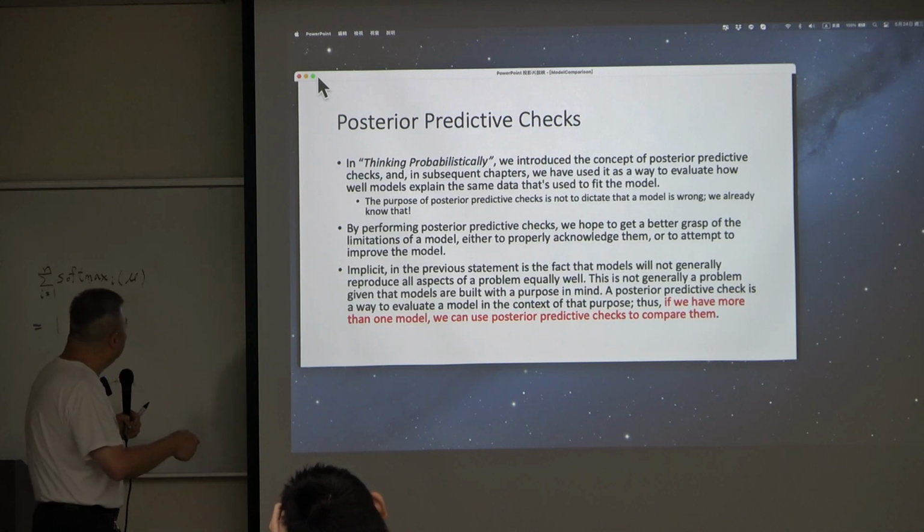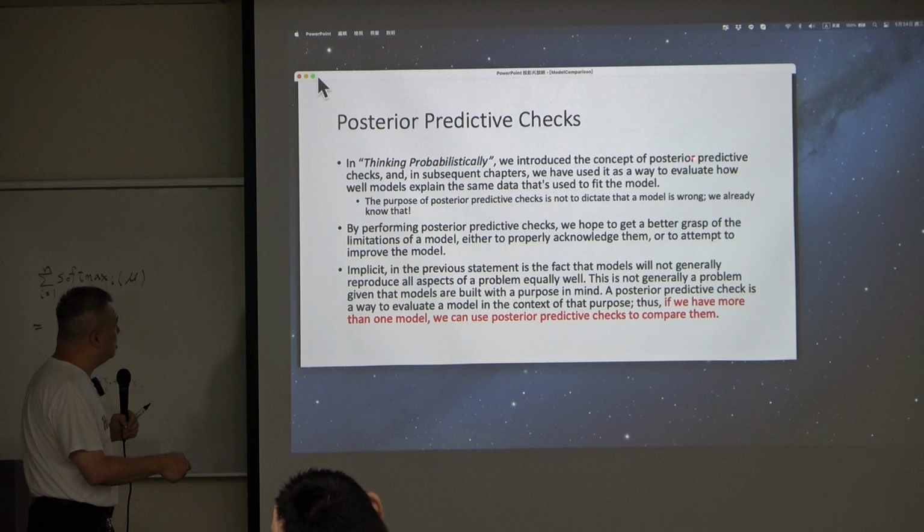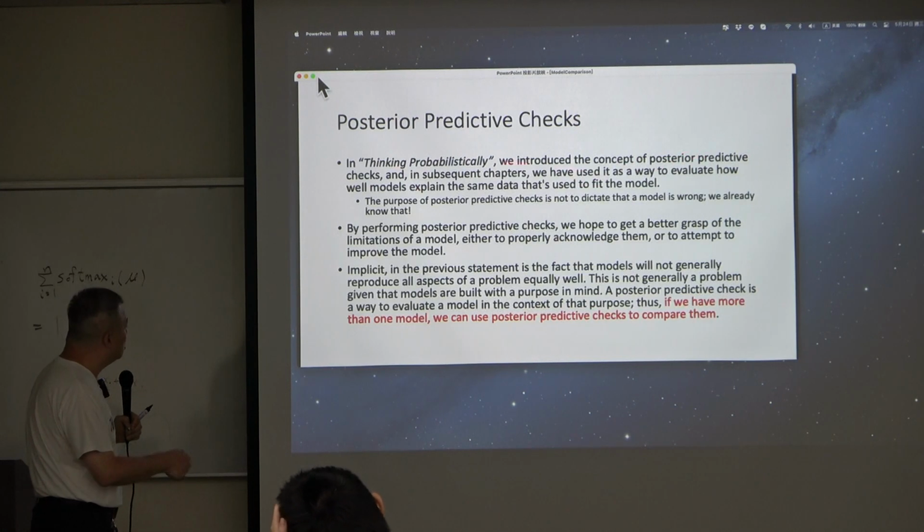In Thinking Probabilistically, we introduced the concept of posterior predictive check. We talked about this earlier. In subsequent chapters, we have used it as a way to evaluate how well models explain the same data that's used to fit the model.